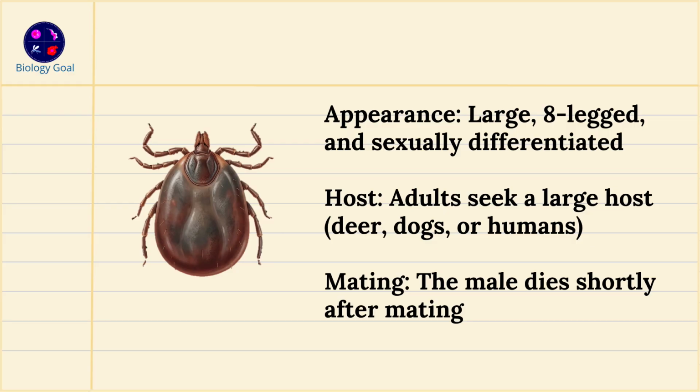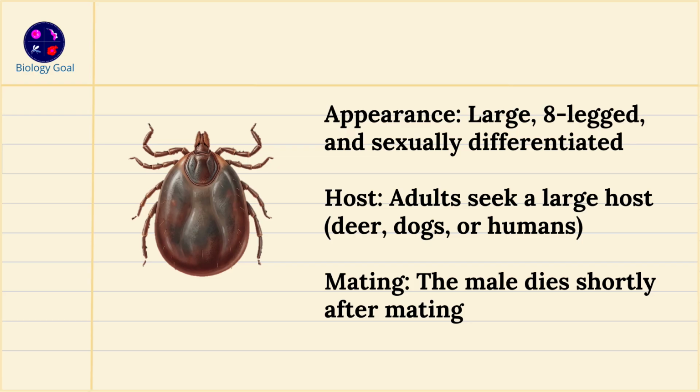Now let's talk about the adult stage. Adult is 8-legged and sexually differentiated between male and female, and males are smaller than the females. The females are going to lay the eggs. Adults basically will survive on different animals like deer, dogs, humans for their blood meal.